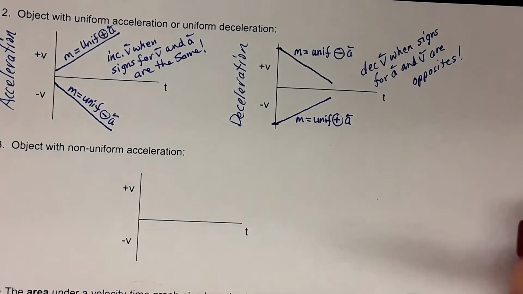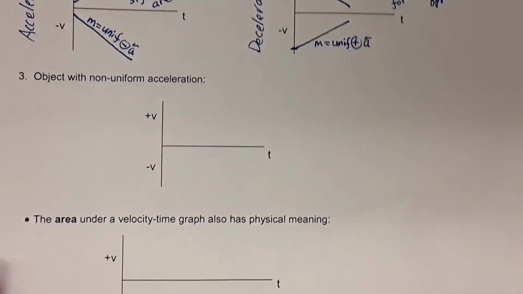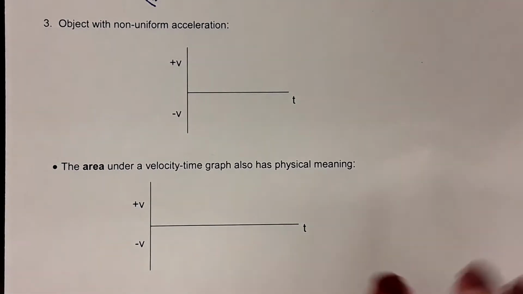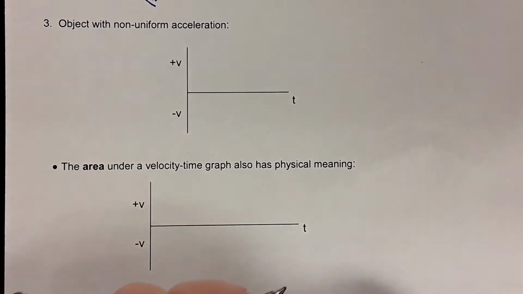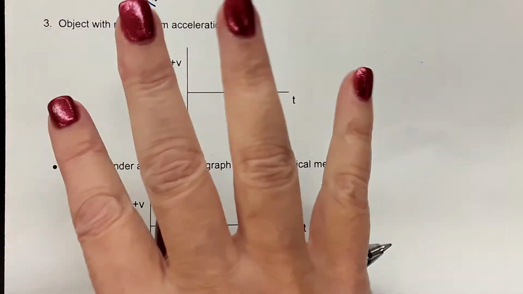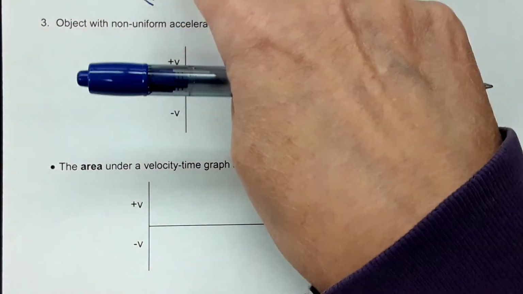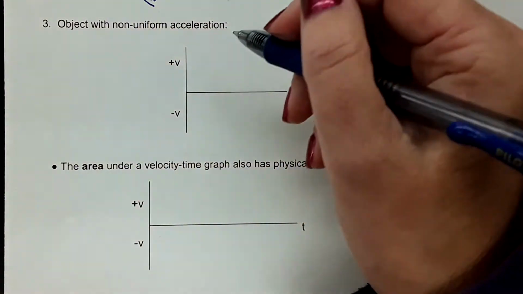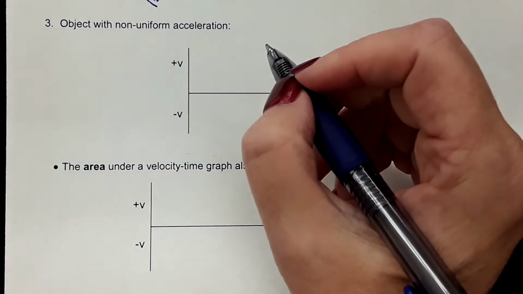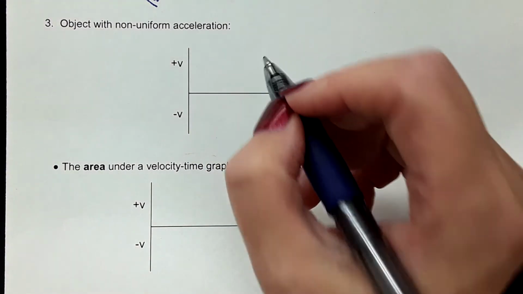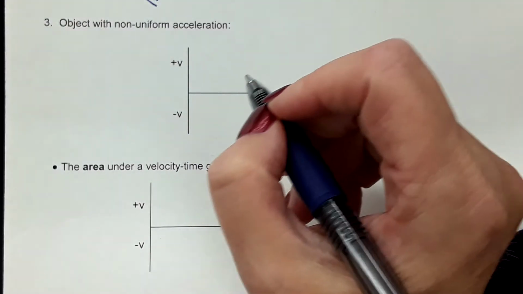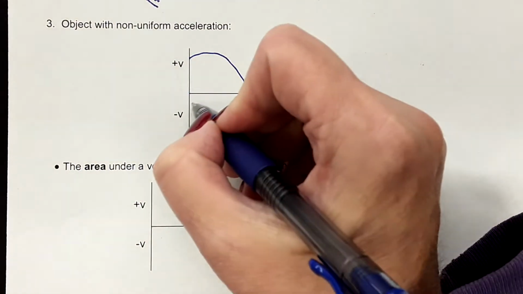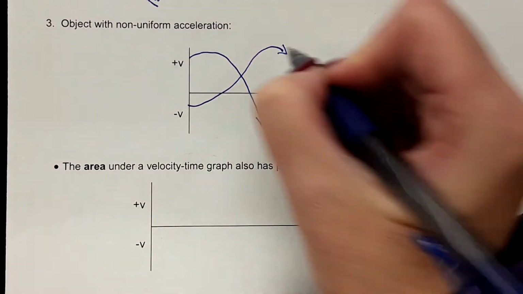Okay? Now, what about an object that has a non-uniform acceleration? An acceleration where the increments change value. They're not constantly the same value. All right? Well, in such a case, since the slope is the acceleration and the acceleration is changing, the slope must be changing. So you might get a curve of some kind. All right?